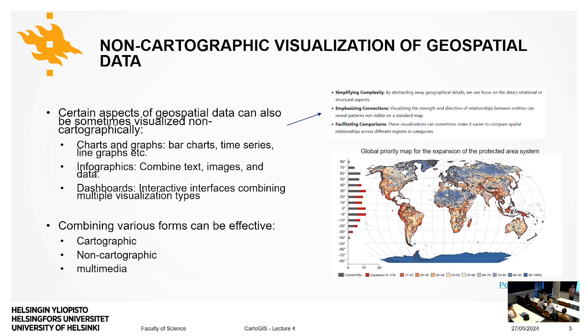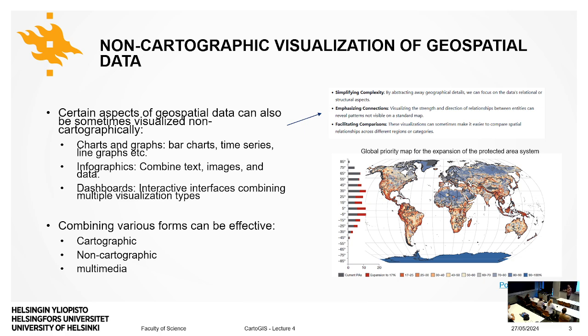Another thing you may consider for visualizing your data is different kinds of infographics, combining text, images, and data. Depending on how complex you want things to be, and depending on the purpose of what you're doing, you might want to create some kind of a dashboard, integrating different kinds of interactive interfaces that combine multiple visualization tasks.